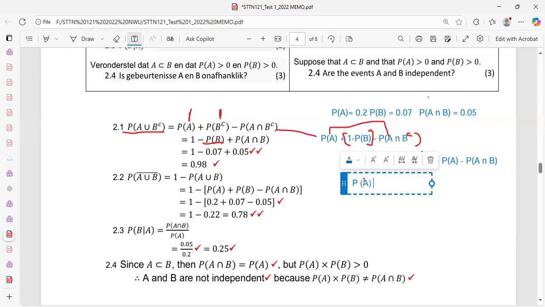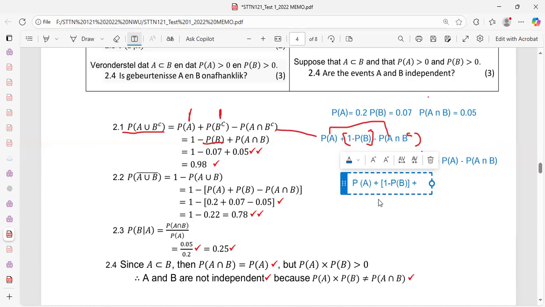Probability of A plus, from this one, plus like this, 1 minus the probability of B, like this, and then plus, don't forget, 1 minus, remember now I'm following the thing. 1 minus, no, it was not minus.